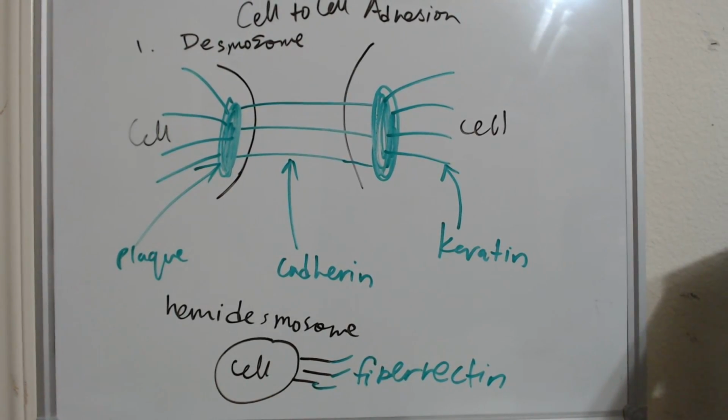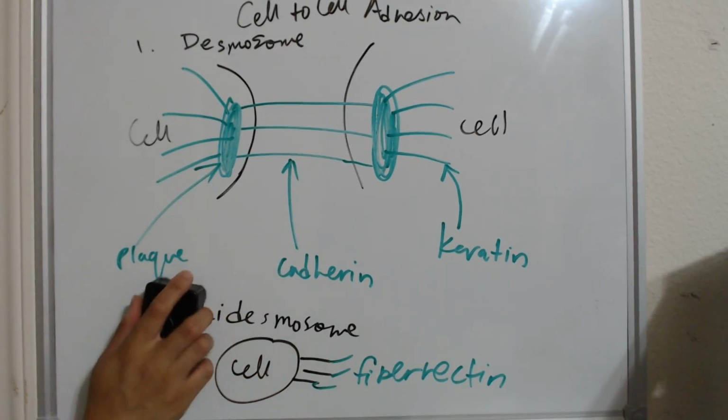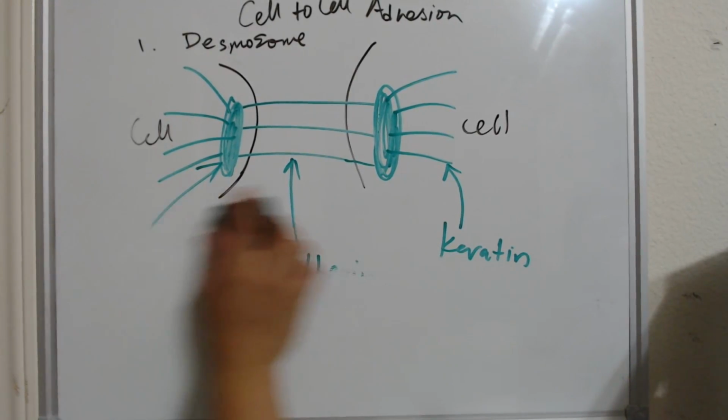Cadherin will be attached to fibronectin. So that's the desmosome. Okay. It's the strongest, by the way. I didn't mention that. Desmosome is the strongest adhesion.